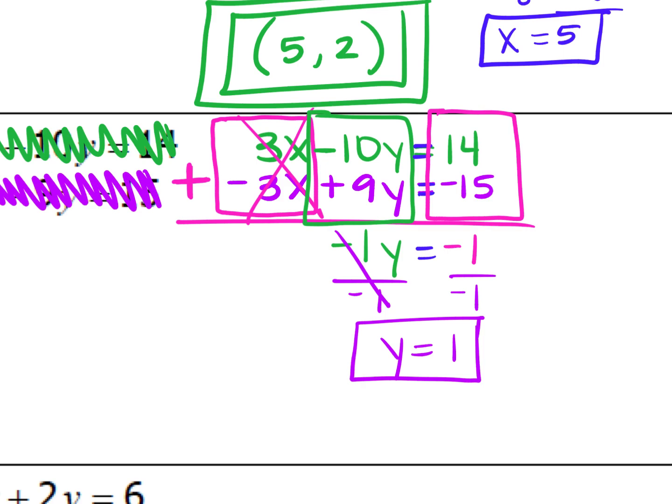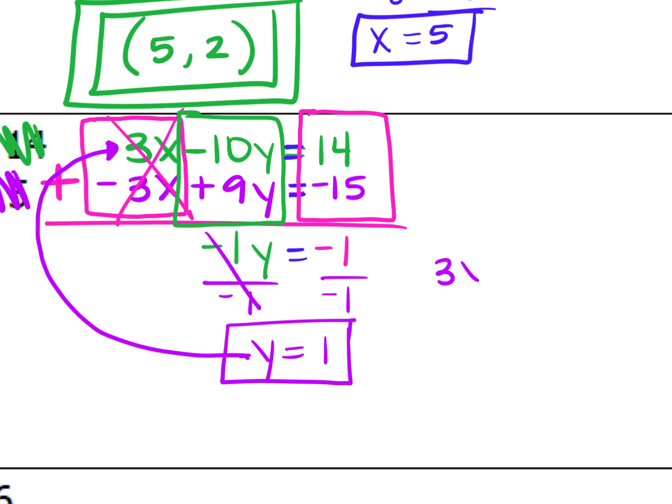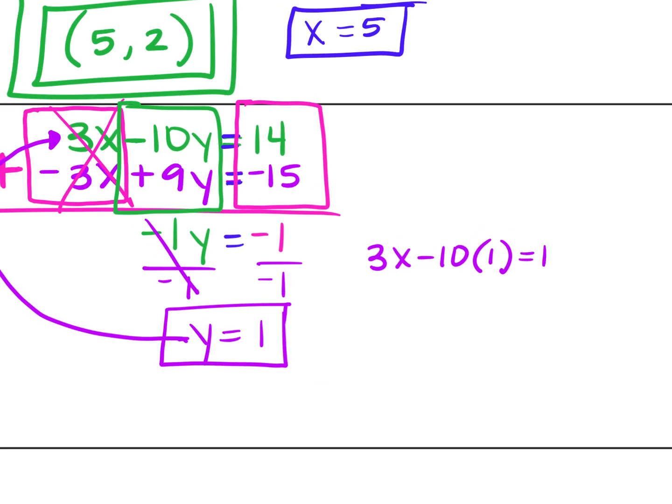Okay, now go back up to our original equation. I'm going to plug into the top one, but you may plug it into either one, and it will look like this. 3 times x minus 10 times 1 equals 14. Okay, so now your setup, when you simplify this, is going to be 3x minus 10 equals 14.